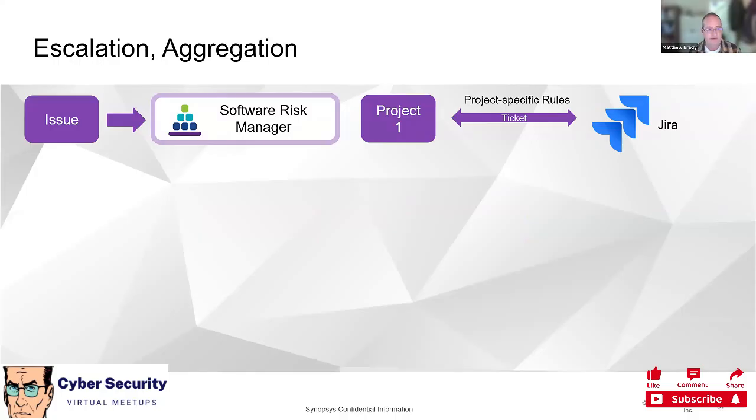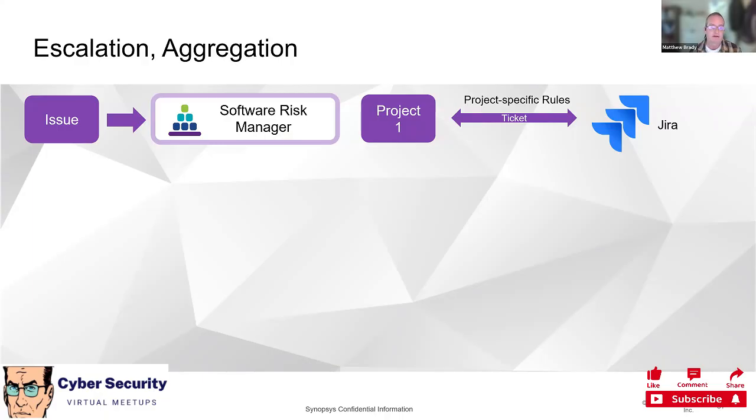The next one is escalation and aggregation. So what we're talking about here is that you've got a software risk or ASPM solution. Obviously, other ASPM solutions are available, and you can import the issues. And what you can then do is you can set up bidirectional ticketing with your ticketing system.